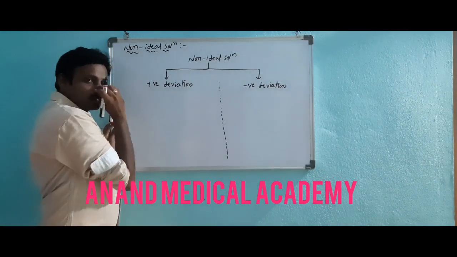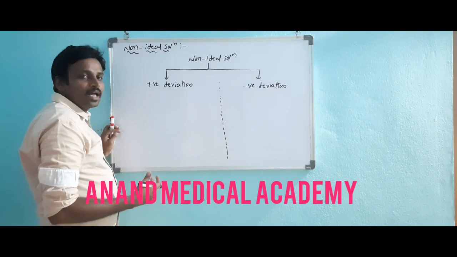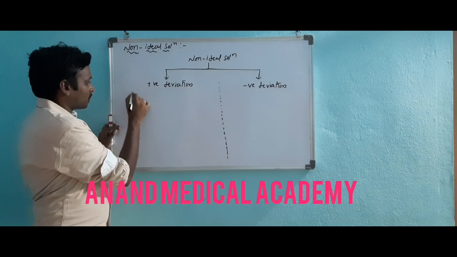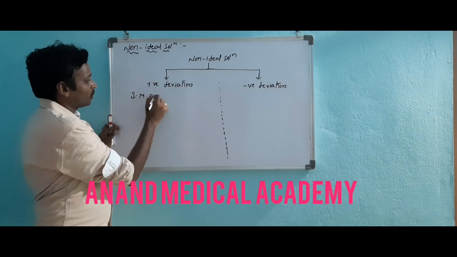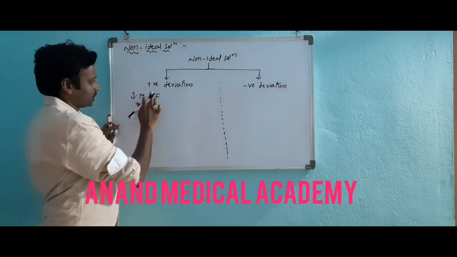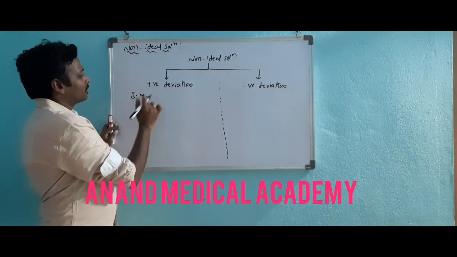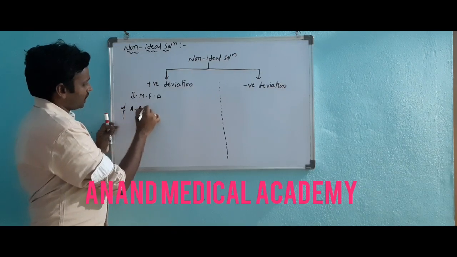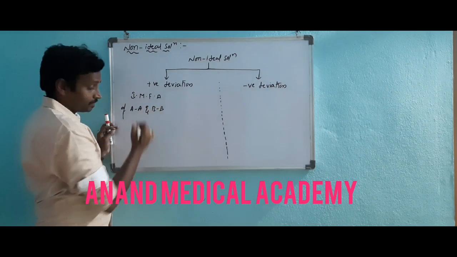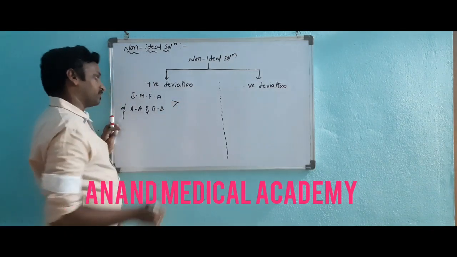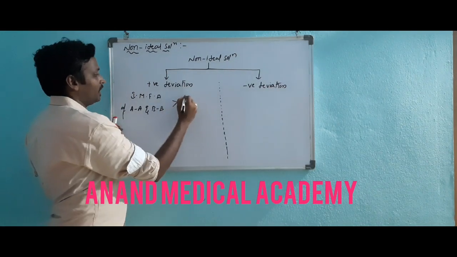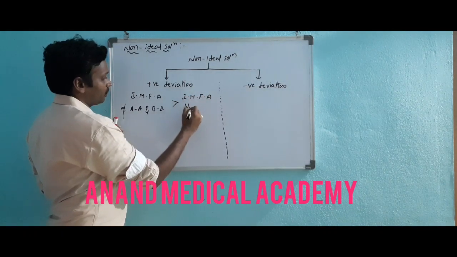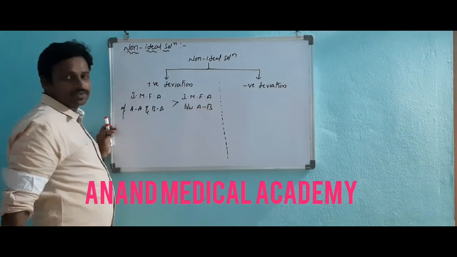When we consider a solution showing positive deviation, very simple, the intermolecular force of attraction of AA and BB are greater than the intermolecular force of attraction between AB molecules.